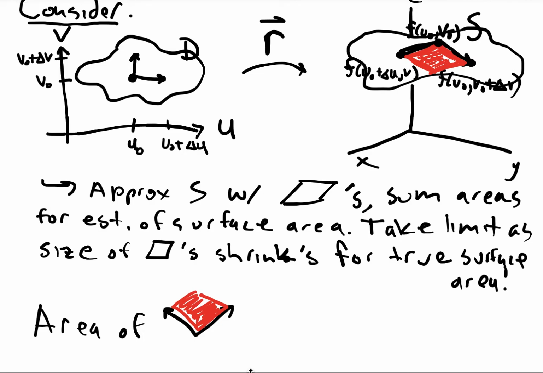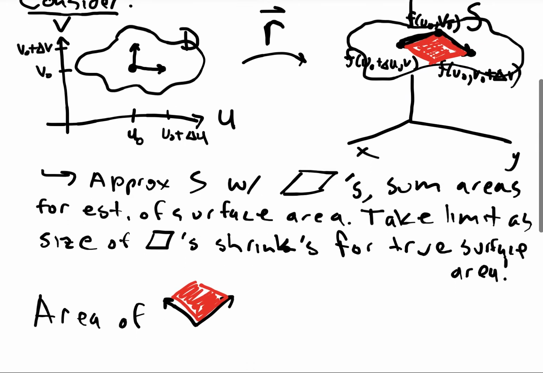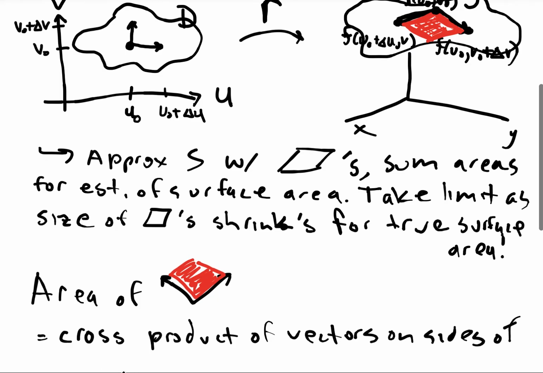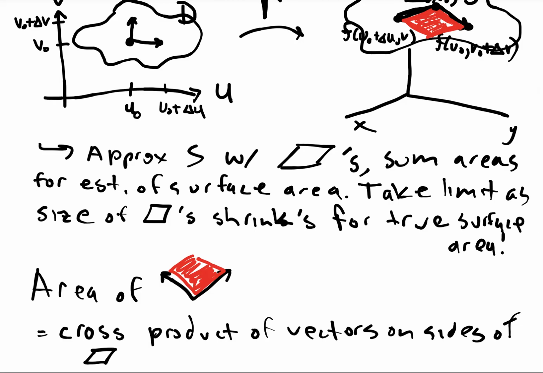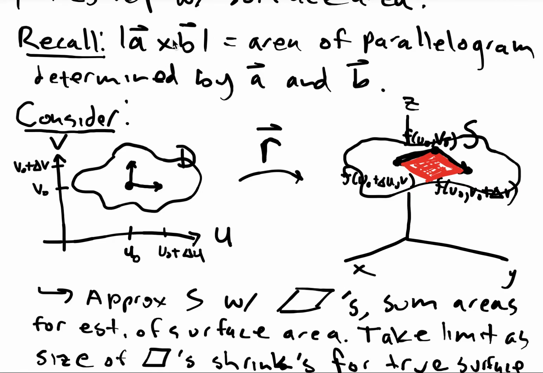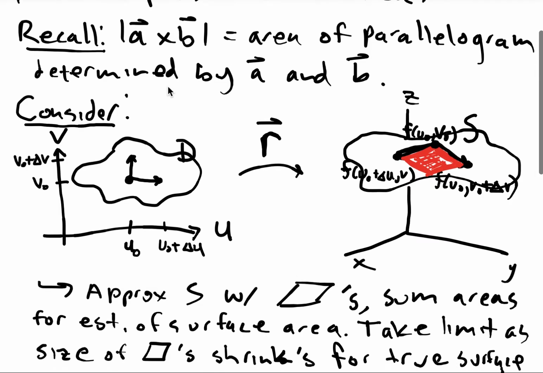Well, we've just said your area is going to be the cross product of whatever vectors determine that parallelogram, so the cross product of vectors on the sides of that parallelogram. And once you take that cross product, we need to take a magnitude. That was part of my formula up here. You can't just cross them and leave it, because that'll give you a vector value. Vectors can't describe area. You need the magnitude of it to make that thing into a scalar.